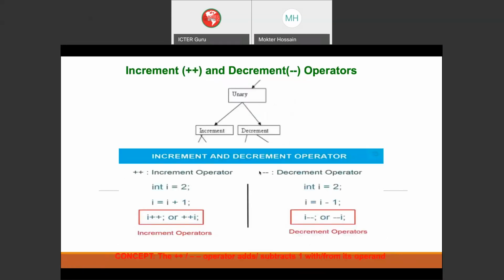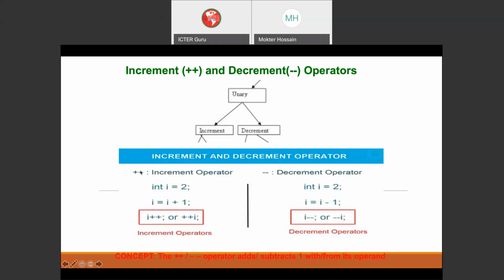Here is another operator, the plus plus. It is called the increment operator, and minus minus, two pluses and two minuses without any gap in between. This is another kind of unary operator. It is used a lot in programming. I will show you in a live program to understand this.